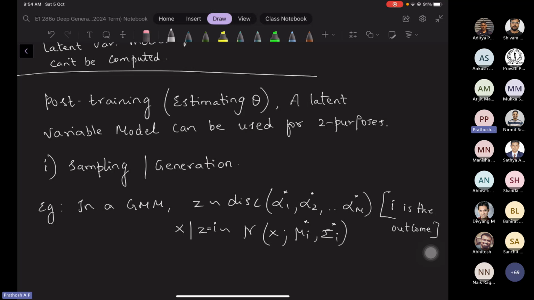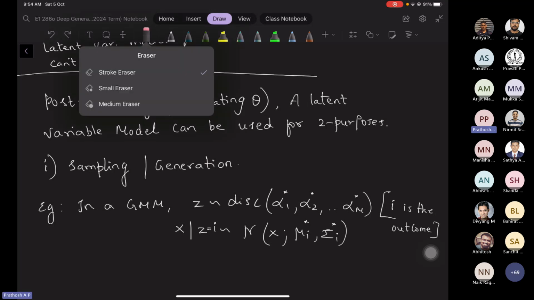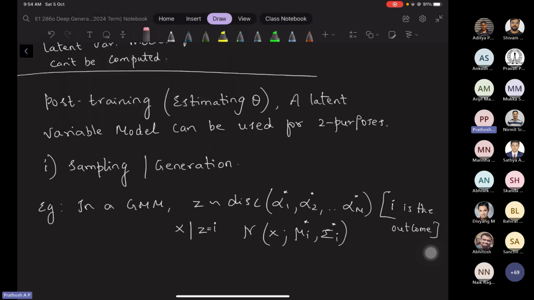In fact, if you look at Bishop's book, the classical book on pattern recognition, he has shown what will happen if we do sampling. If we fit a GMM to MNIST data and do a sampling, it will look like some images, but it will not be as good as some other generative model such as GAN.